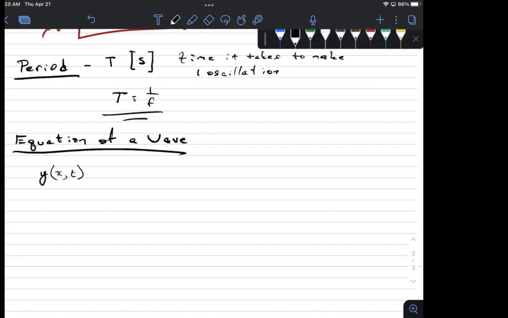Fancy mathematical terminology. All this means is the number y I'm about to get, the answer, is a number. And that number depends on x, the position, where am I going to test, and t, at what time am I looking for the answer.